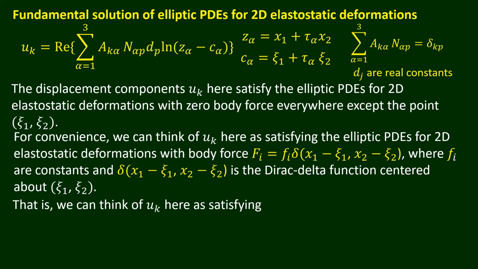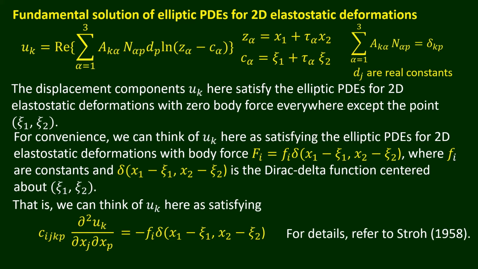That is, C_ijkp ∂²u_k/∂x_j∂x_p equals minus f_i δ(x1 − ψ1, x2 − ψ2). For details, refer to Stroh, 1958.